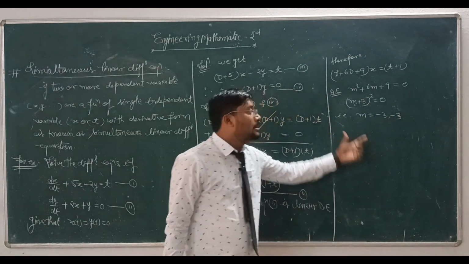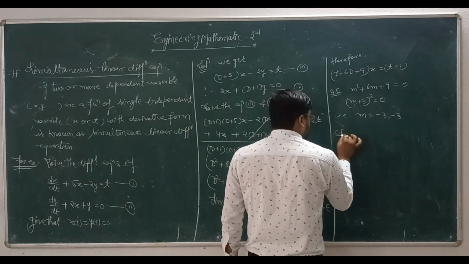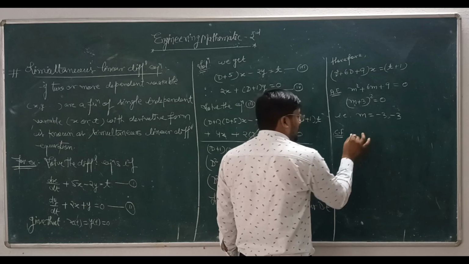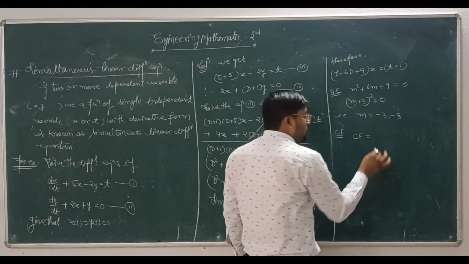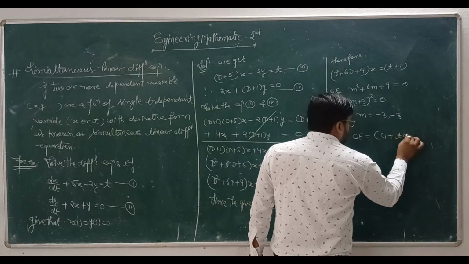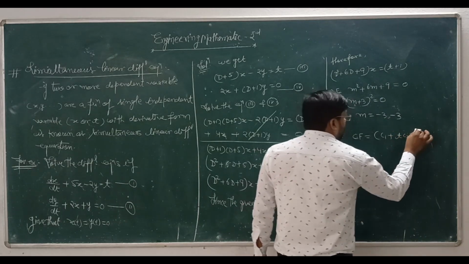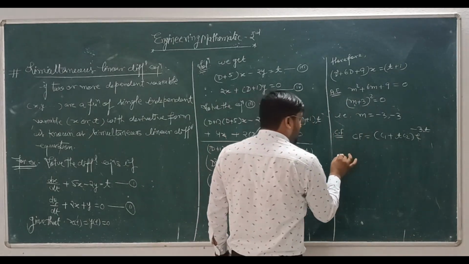These are the two roots of this equation. Now first of all, you can write the CF, complementary function. If two roots are equal, CF is equal to (C1 plus tC2) e to the power minus 3t. This is your CF.